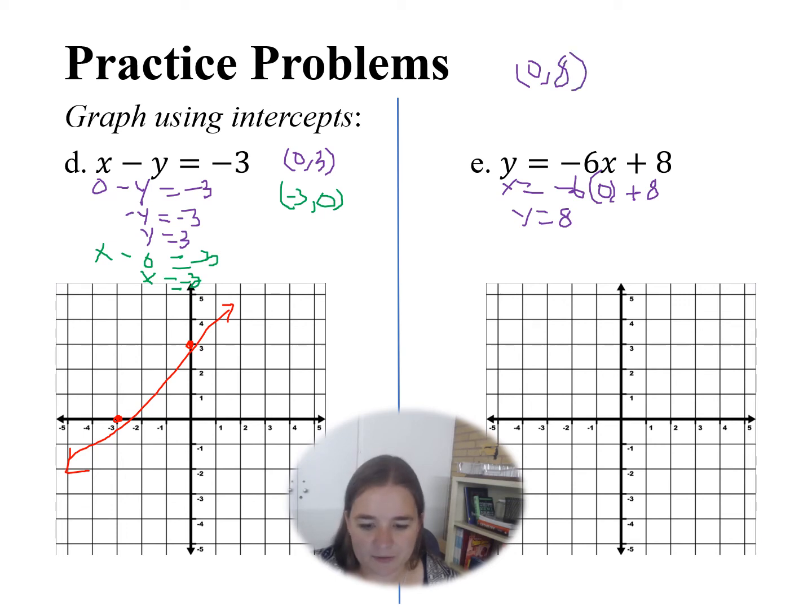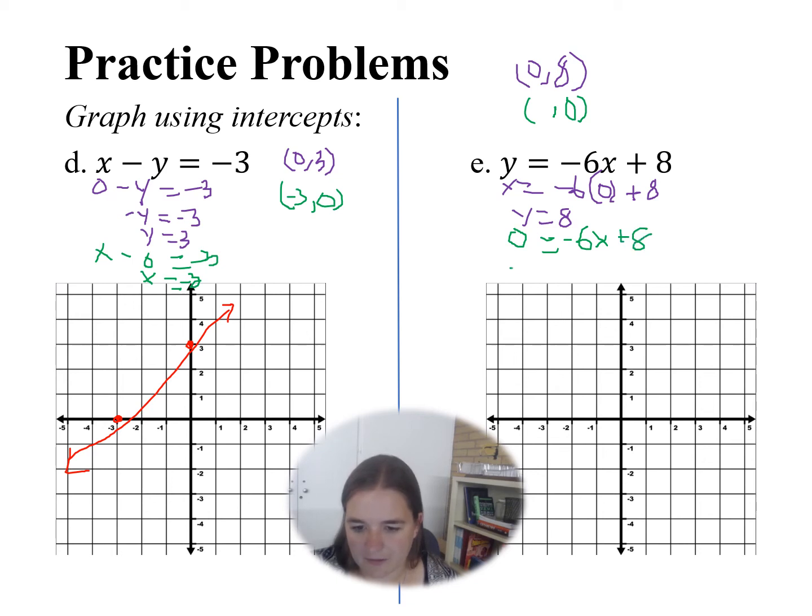And then I'm going to use my skills to find my x-axis intercept. I'm going to plug in 0 for y, so 0 equals -6x plus 8.